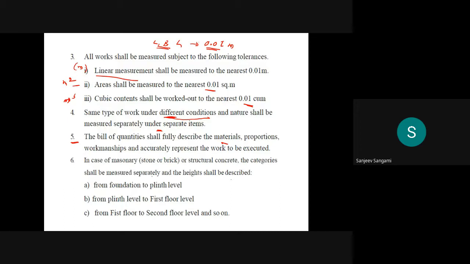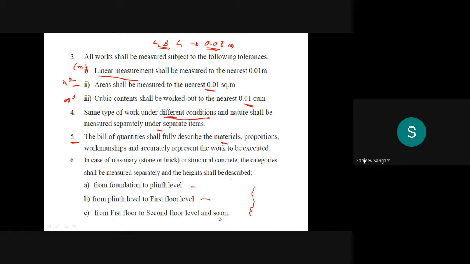At the end, you take these separate items, not a problem, whether it is a lime concrete foundation or the first footing, second footing, third footing, whatever it is. Finally, to describe overall what will be the quantity from foundation to plinth level, from plinth level to first floor level, and first floor level to the second floor level, and so on.